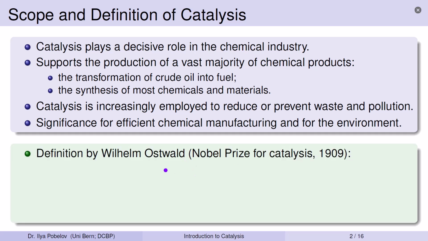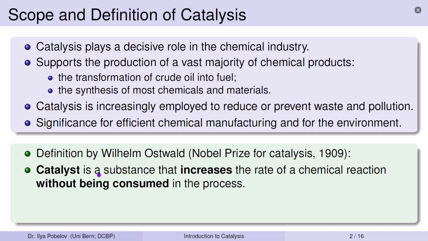Historically, the term catalyst was defined by Wilhelm Ostwald, a pioneer in the field who received the Nobel Prize in 1909 for his contribution. Ostwald described a catalyst as a substance that increases the rate of a chemical reaction without being consumed in the process.